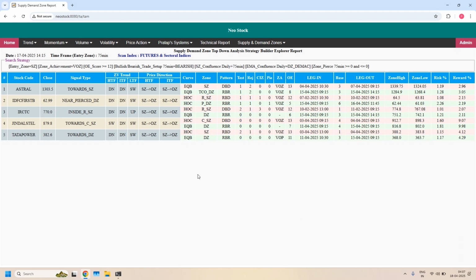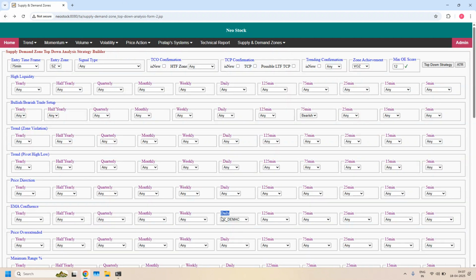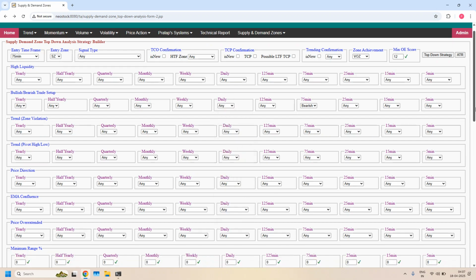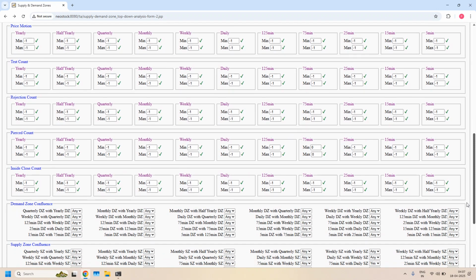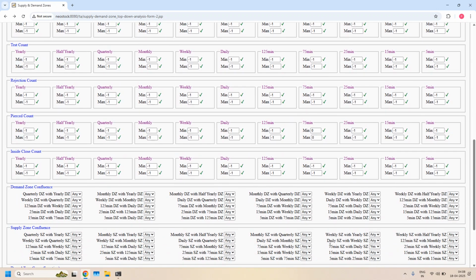All the 3 supply zones should overlap with each other. So I am removing the EMA filter. We need to set 3 filters in the supply zone confluence. First filter is already enabled, 75 with daily supply zone confluence. Next, 75-minute supply zone with weekly supply zone confluence. Daily supply zone with weekly supply zone confluence. So all the 3 filters are enabled.